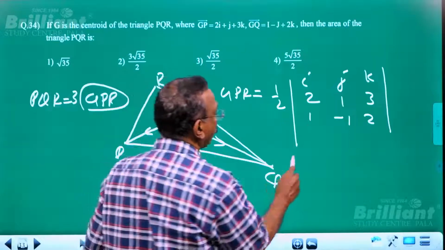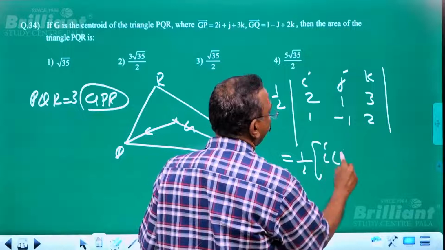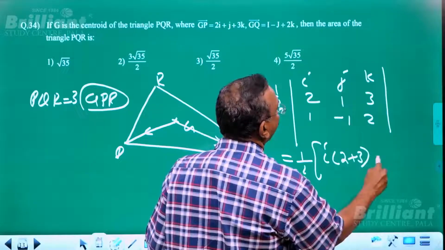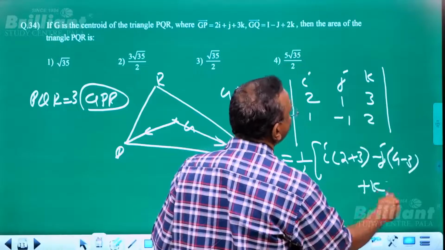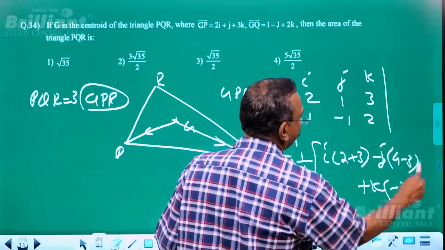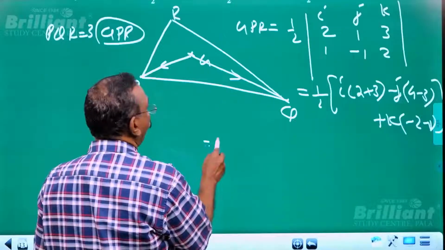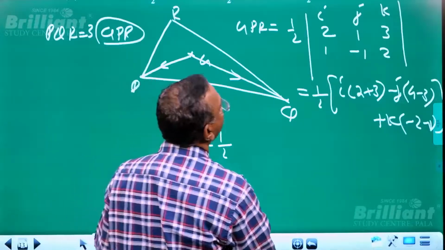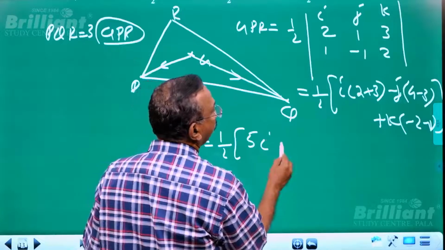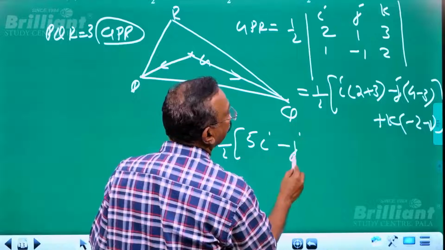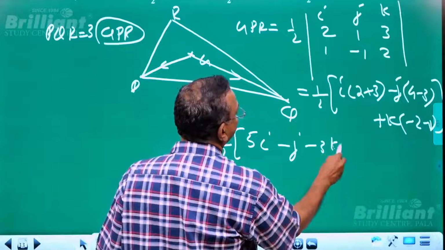So I come back to find the vector. That's actually 1/2 into i into 2 minus 3, minus j into 4 minus 3, plus k into minus 2 minus 1. So this is equal to 1/2 into minus 5i minus j minus 3k.